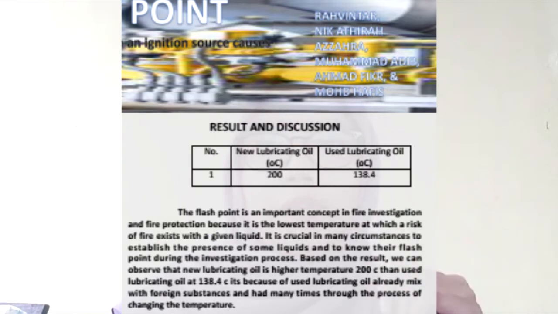So for this lab, we use the open cup tester for volatile oil having a flash point of more than 50 degrees Celsius. Flash point gives the idea about the volatility of fuel and the explosion hazard.